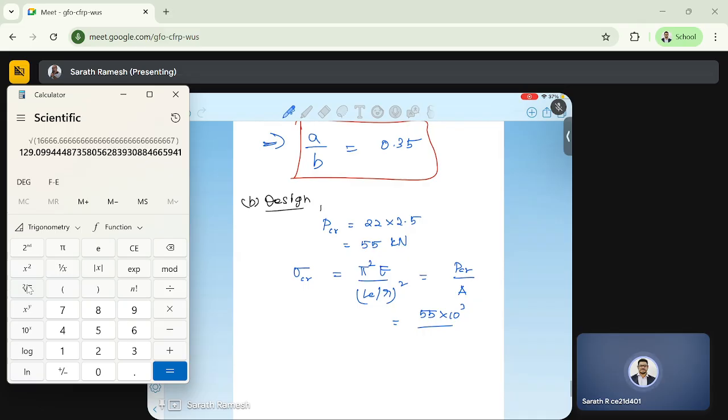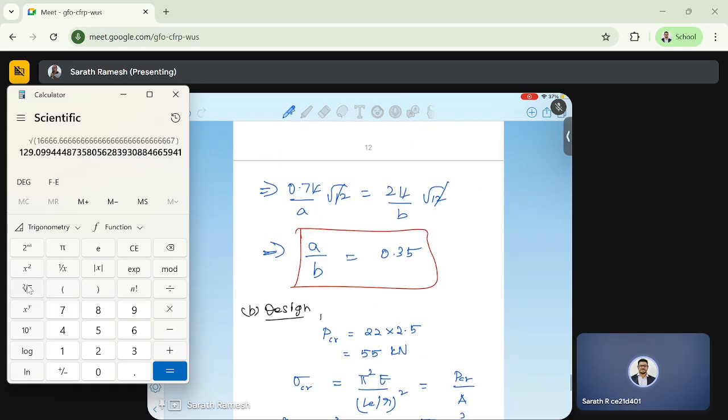Instead of A, I can write 0.35B, so into B. Okay. So this is equal to pi square into E, which is 70 gigapascal, divided by LE by R.